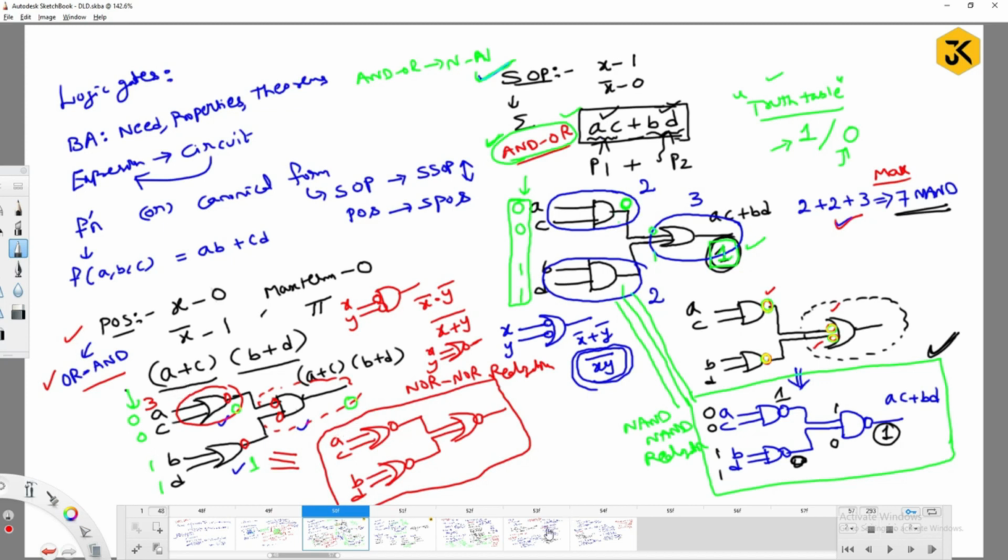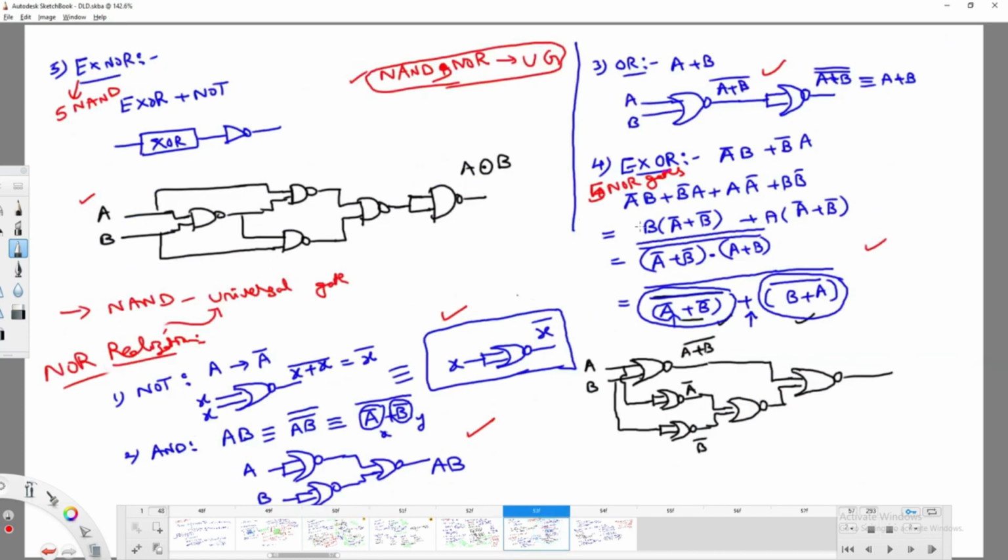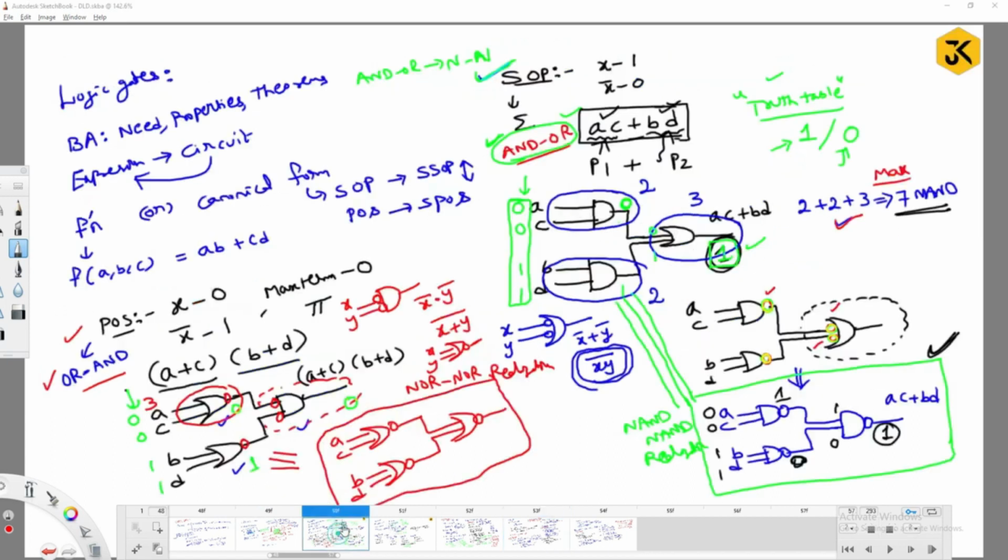I think you require only 2. This OR gate requires 2 XOR gates, and the AND gate requires, so in total a maximum of 7 NOR gates are required. Maximum of 7 NOR gates are required.